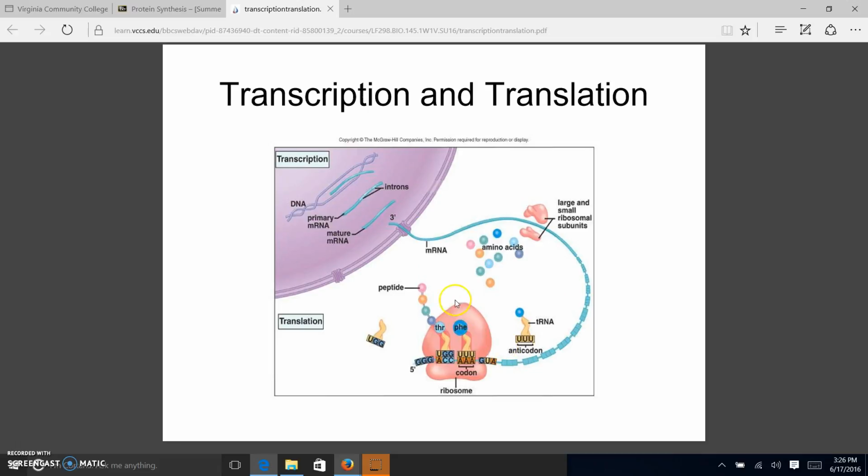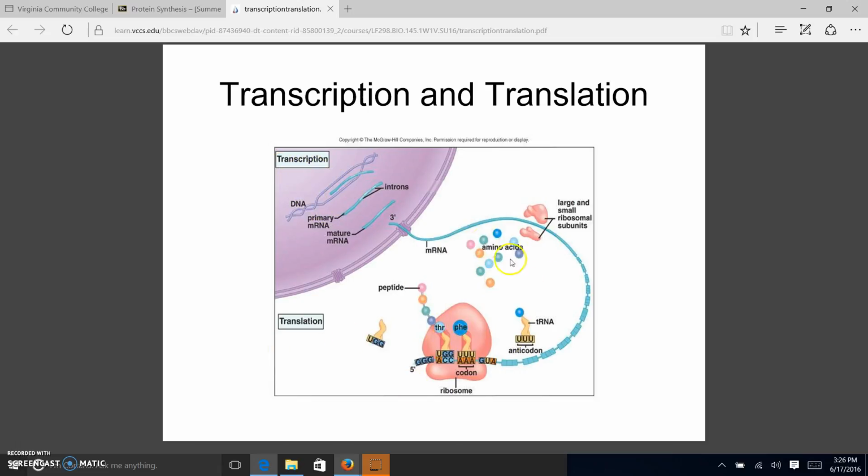Now, the process of the messenger RNA going out and two ribosomal subunits coming together, and then reading the messenger RNA, with the transfer RNA carrying an amino acid to the ribosome and building our polypeptide, which will become a protein, that process happening out in the cytoplasm is called translation. So again, we have our instructions here.